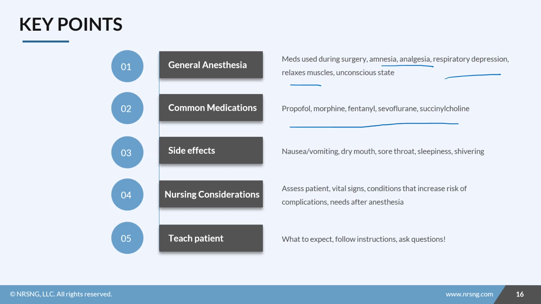Side effects can include dry mouth, nausea and vomiting, shivering, and sleepiness. As perioperative nurses, we will assess the patient's overall health, vital signs, conditions that increase their risk of complications, and their needs after anesthesia. Finally, we will teach our patients what to expect with general anesthesia, the importance of following instructions, and encouraging them to ask questions.